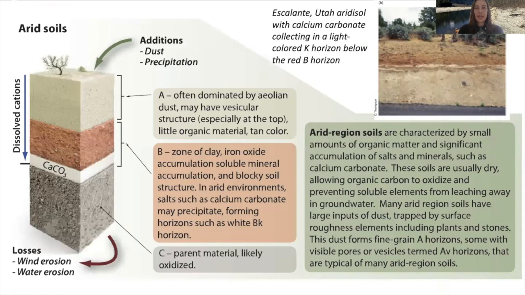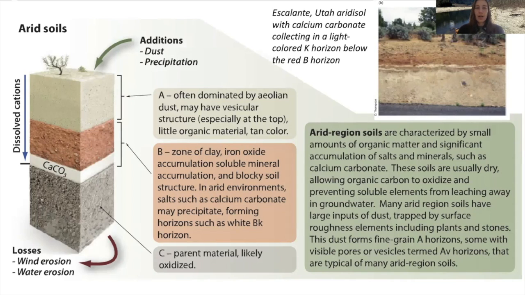Here we often see an upper horizon that is dominated by wind-blown dust. In the upper right-hand, you can't see probably too much of it, but in the upper right-hand photograph is another example from Utah. And here we have this distinctly white calcium carbonate collection zone.